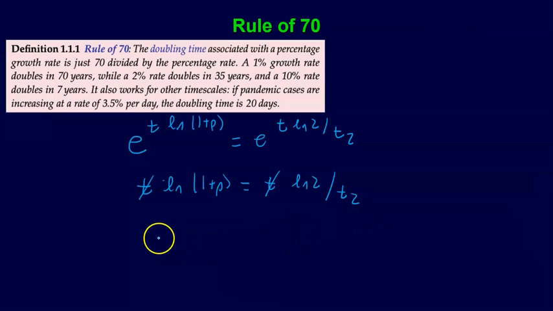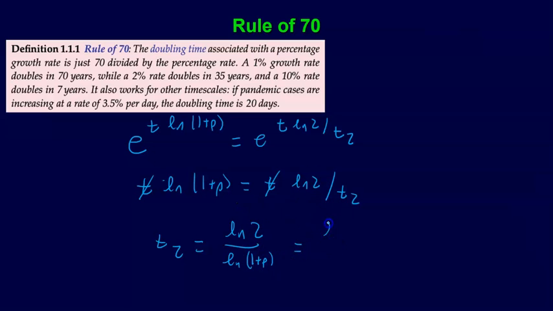And so we can actually rearrange this a little bit to get t2 is equal to natural log of 2 divided by natural log of 1 plus p. I should probably point out that I would never ask you to do this proof, but I think it's kind of a nice thing to go through and do.